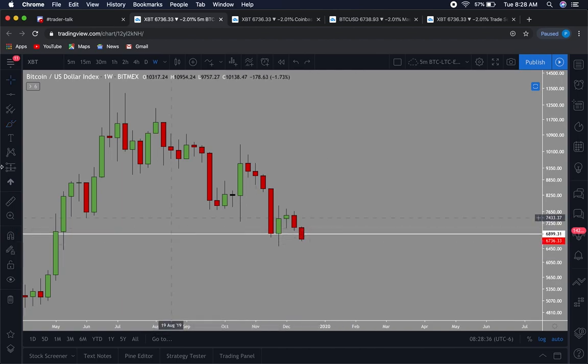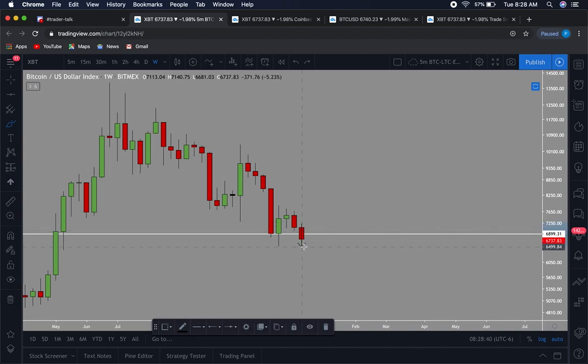So if price by the end of this week pokes down but only leaves a wick at the bottom and then starts heading back up, or rather has a candle body that closes above this area, that could be a potential SFP, swing failure pattern. Then you want to look at the following day or two in the next weekly candle to see if we're going to cause a potential reversal.